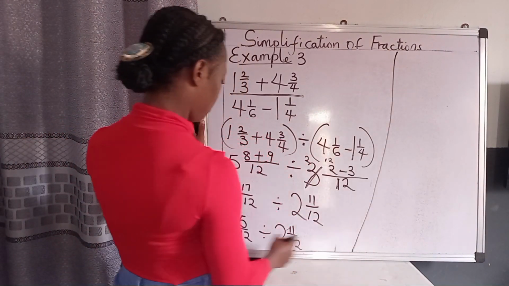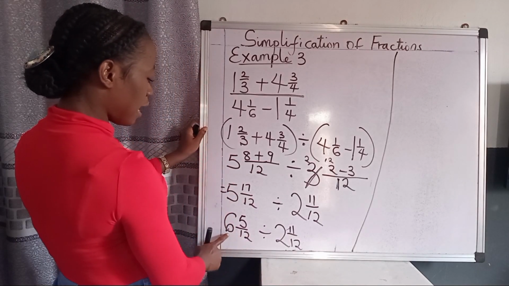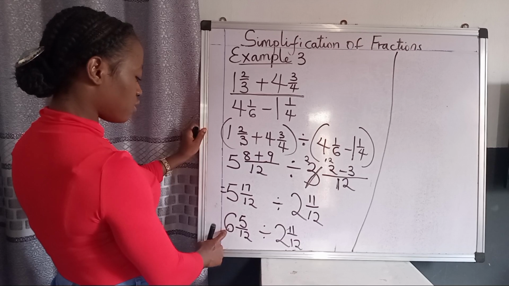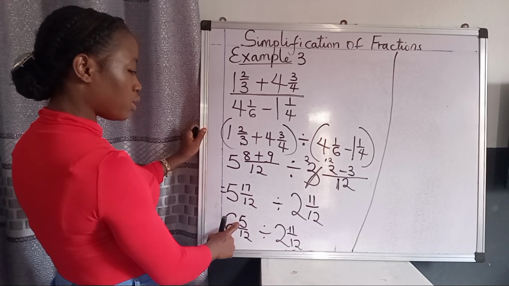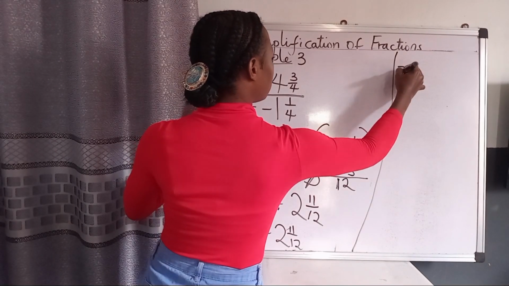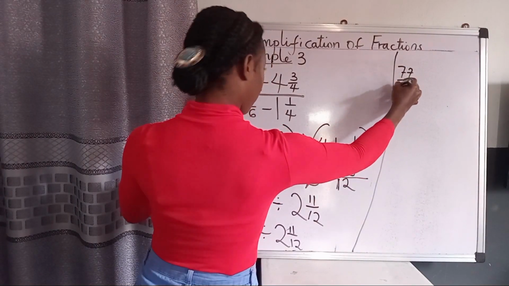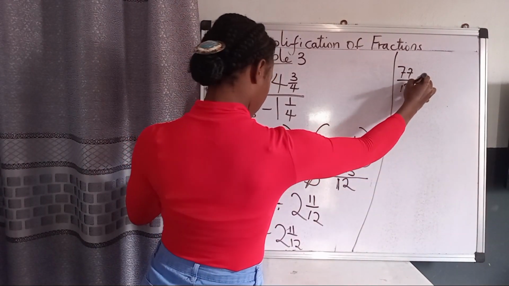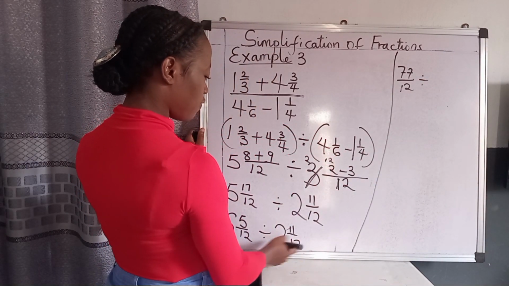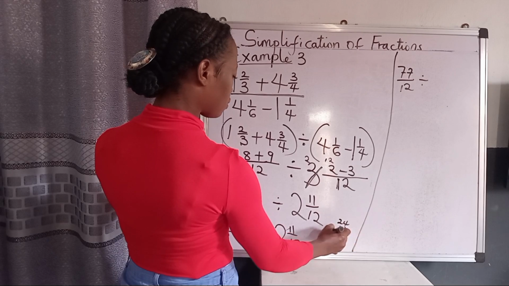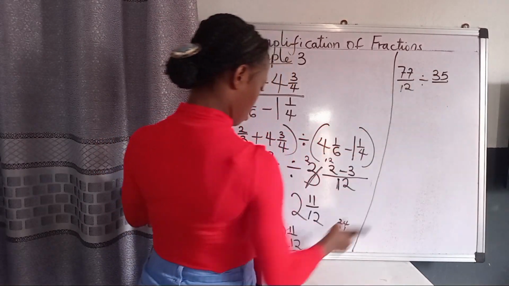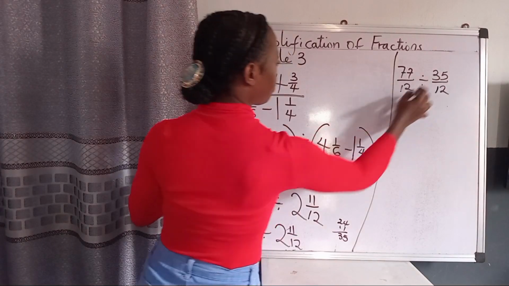So moving on, 12 times 6 is 72. 72 plus 5 is 77. So I'm going to have 77 over 12, divided by 12 times 2, 24. 24 plus 11 is 35. So divided by 35 all over 12.